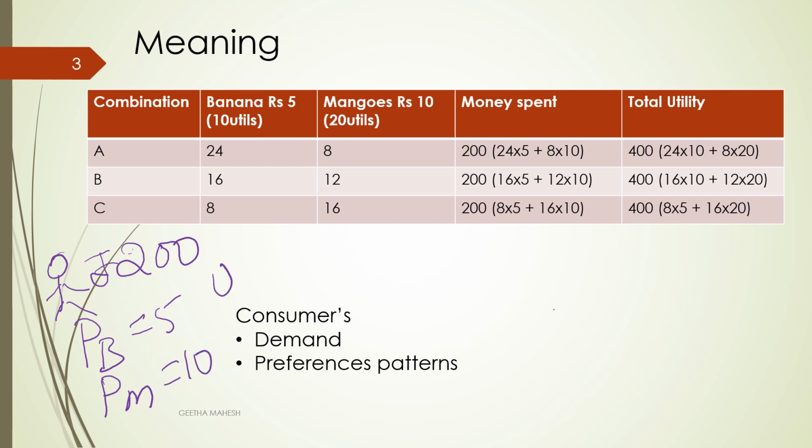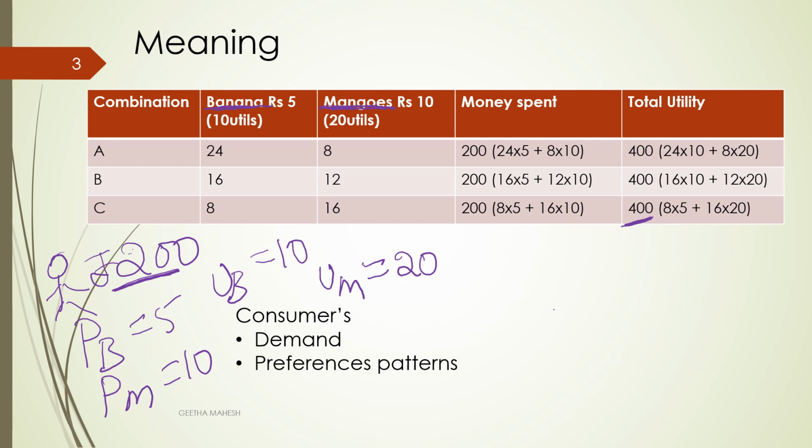The utility derived from each banana is 10 utils and the utility derived from each mango is 20 utils. Now the consumer has to spend his 200 rupees on banana and mango in such a way that he maximizes his total utility.